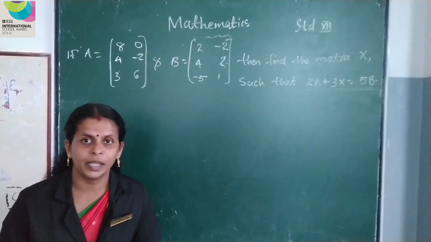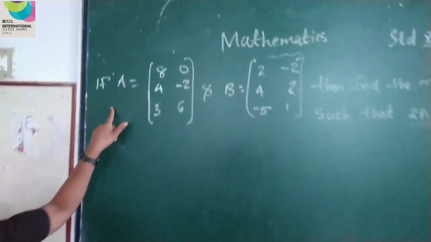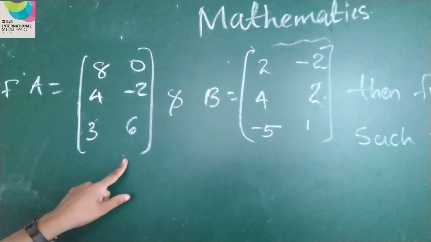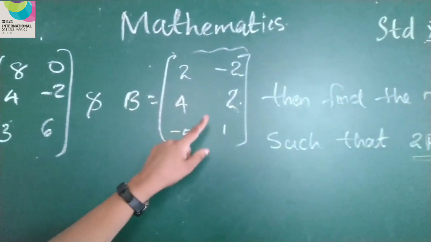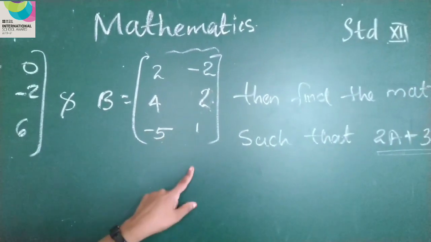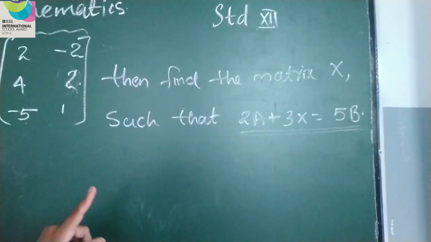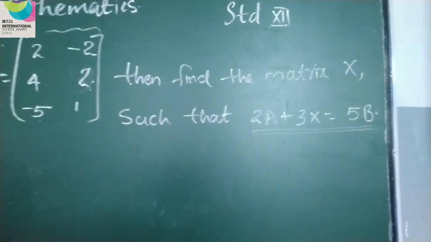Next, let's do a problem. If A is equal to matrix [8, 0, 4; minus 2, 3, 6] and B is equal to [2, minus 2, 4; 2, minus 5, 1], then find the matrix X such that 2A plus 3X equal to 5B.